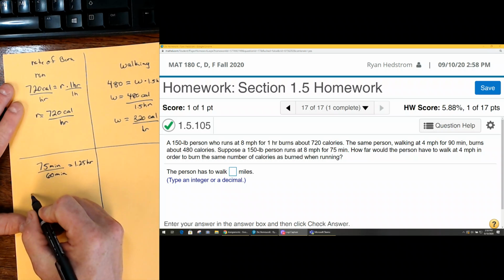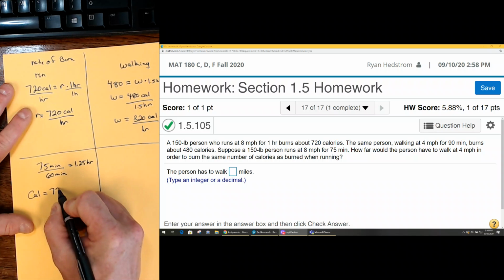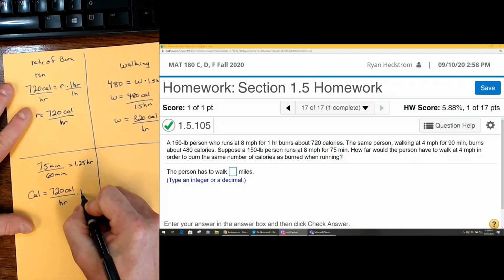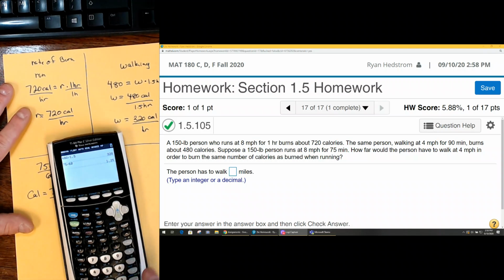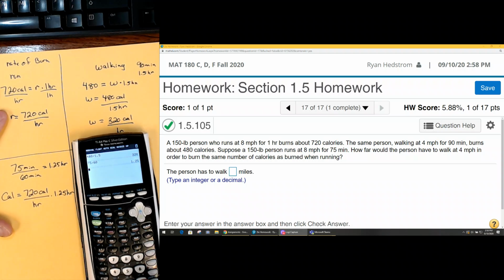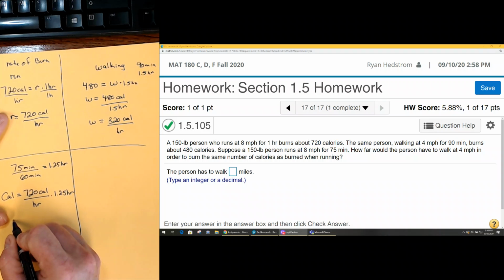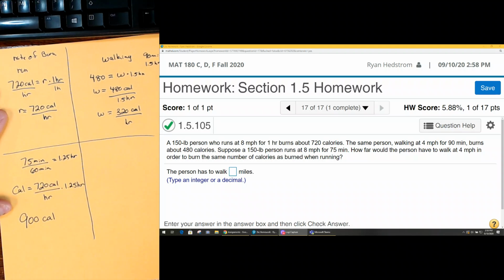So now the amount of calories burned is going to be equal to the burn rate of 720 calories per hour times 1.25 hours. So I'm going to multiply that 1.25 by 720. I'm going to get 900. Great. So we know that the person running in the problem for 75 minutes burns 900 calories.